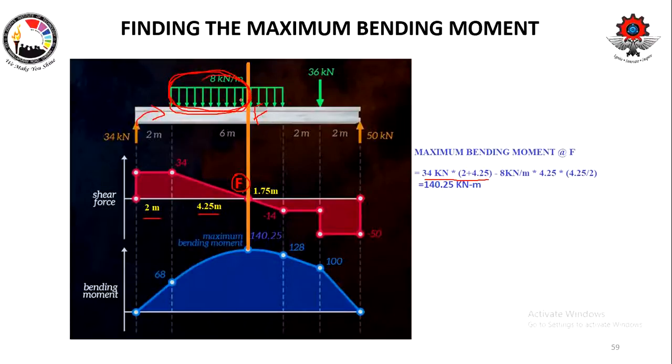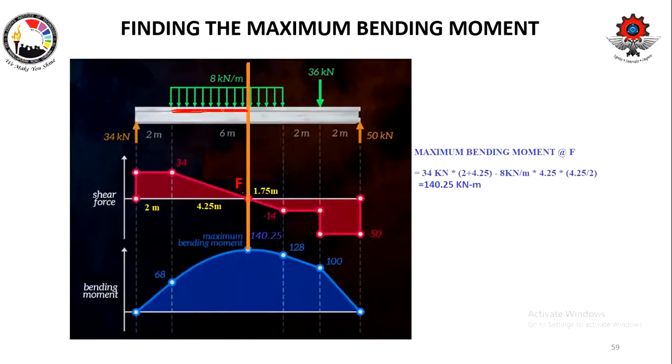But this UDL is acting for a length of 6 meters, and we are stopping at this point alone, F. So we are supposed to consider only this portion. So this is 8 into 4.25, because it is acting for a length of only 4.25.